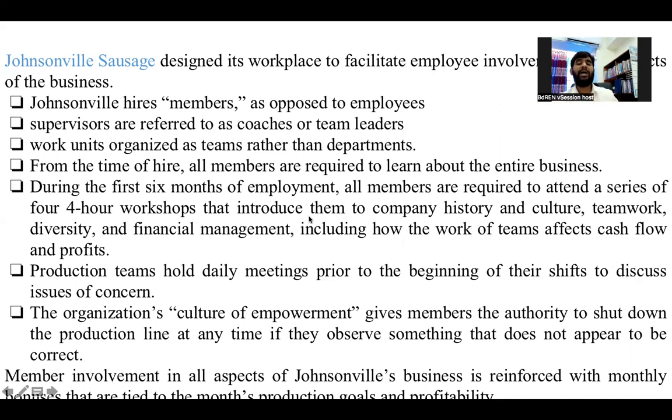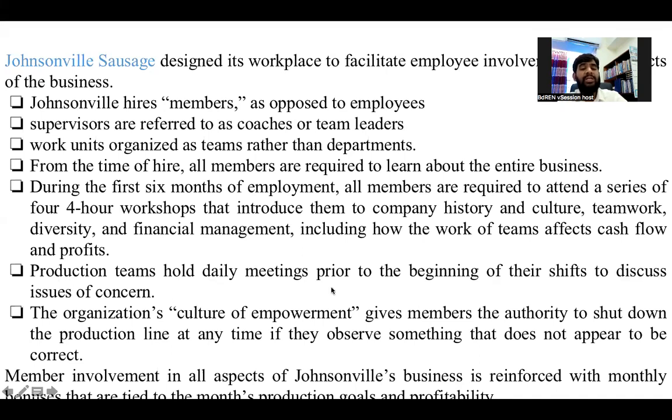So that means overall training, including the company introduction and even the most sensitive part, cash flow and profits. You will have the knowledge about those issues because you are not the employee, you are the member of the company.